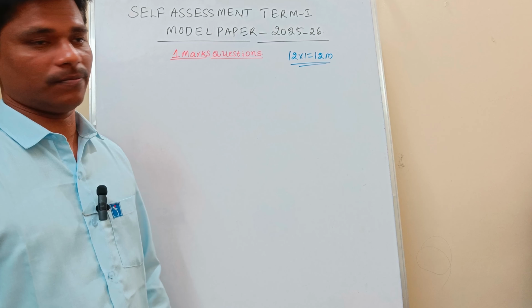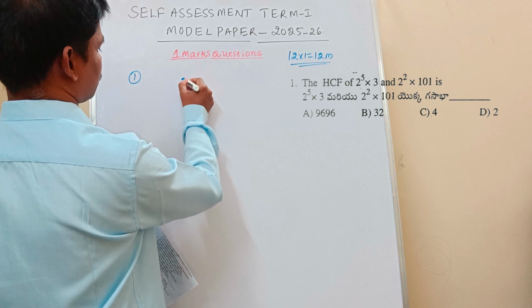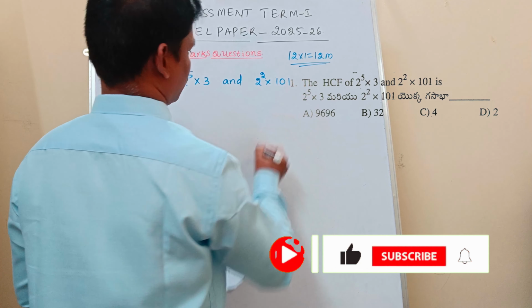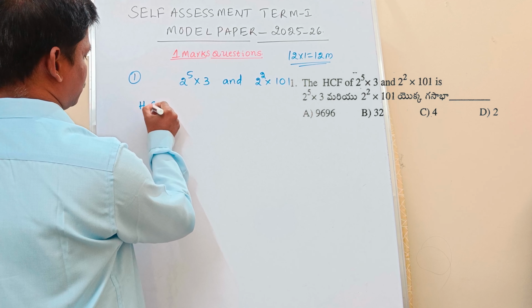Option A is 9696, option B is 32, option C is 4, and option D is 2. First question, HCF: here the given numbers are 2 power 5 into 3 and 2 square into 101. Okay, so how to find out HCF?